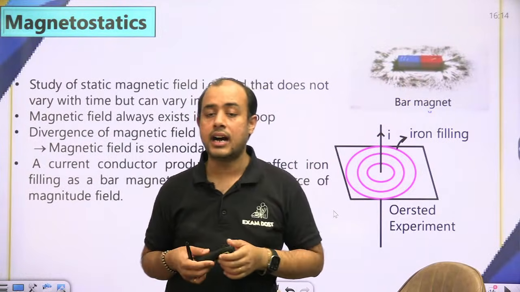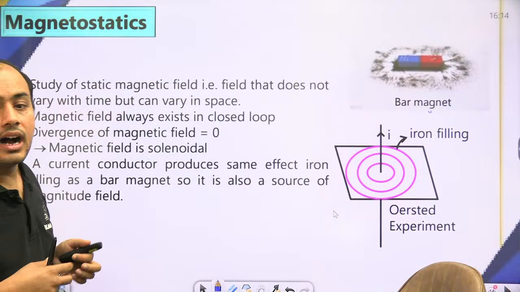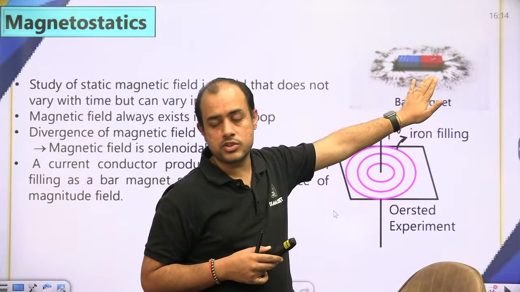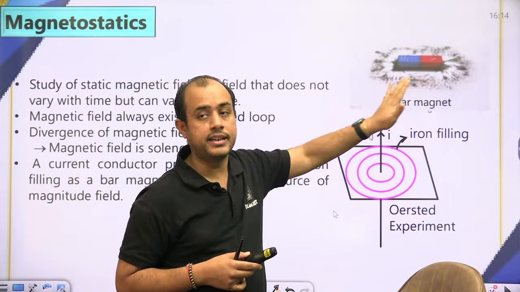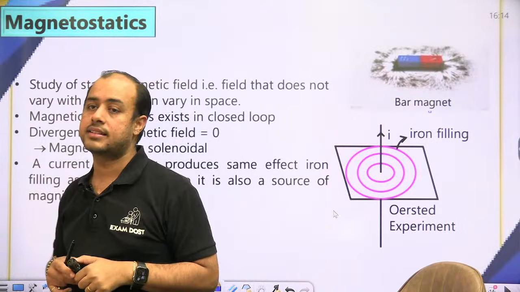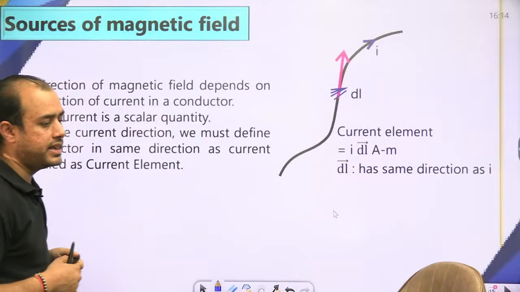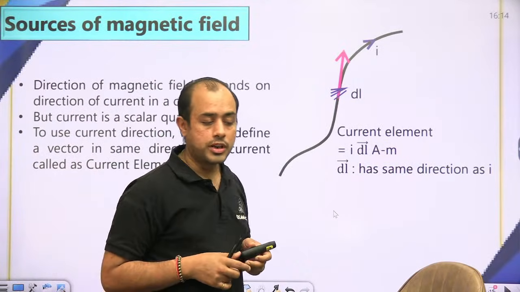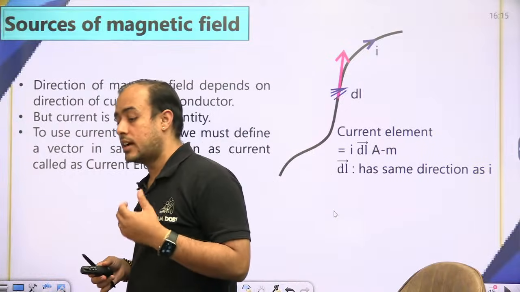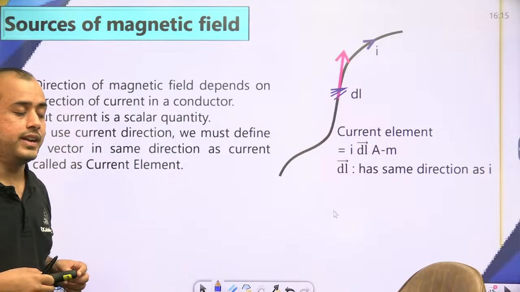So we say a current carrying conductor behaves like a magnet. अगर आयरन फिलिंग्स को मैग्नेट के नजदीक रखो तो जिस तरह से वो सर्कुलर पैटर्न में अरेंज होती हैं, वैसा ही कुछ तब भी देखा जाता है जब इसे एक कंडक्टर के पास रखा जाता है. तो एक कंडक्टर एक मैग्नेट की तरह बिहेव करता है. So remember, whenever you talk about the magnetic field, a current carrying conductor produces a magnetic field.